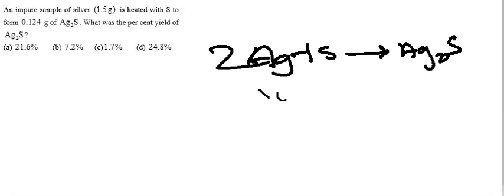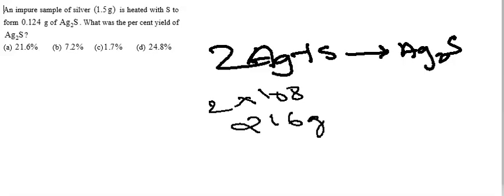For silver it is 108, which is multiplied by 2, this gives 216 grams. And the molecular mass of Ag2S will be 248. So we can get one relation: 216 gram of silver mixed with sulfur gives 248 gram of Ag2S.